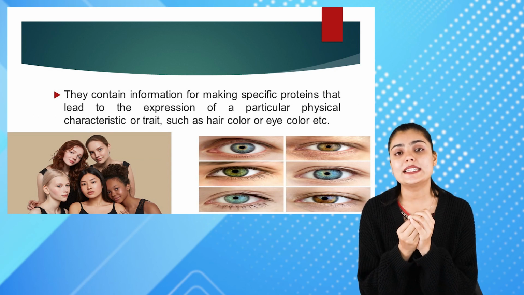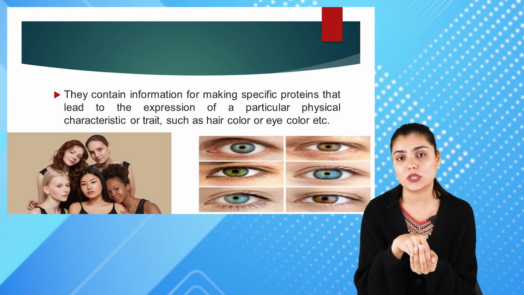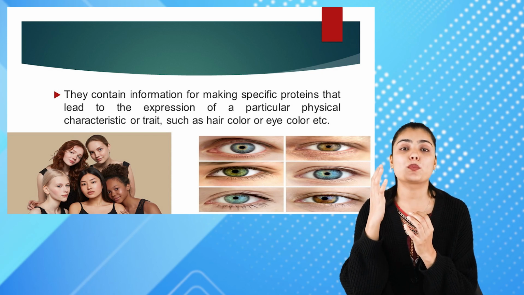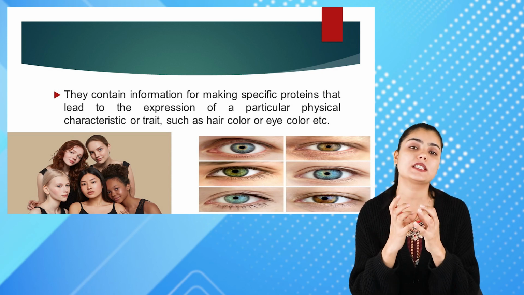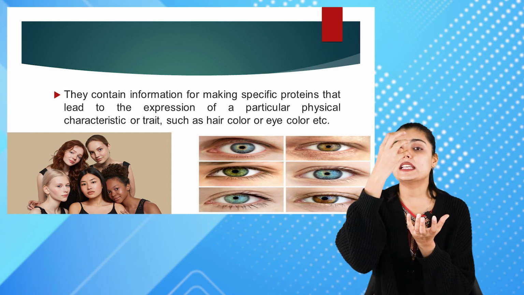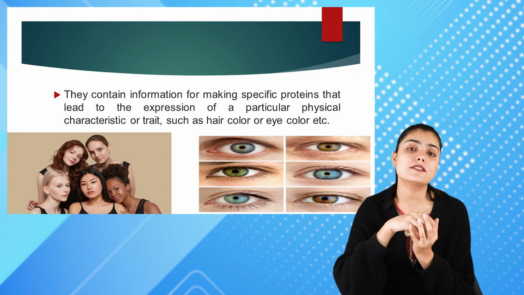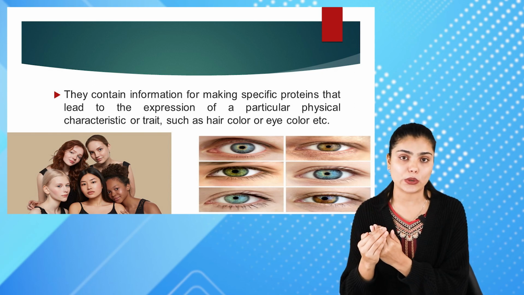A gene will contain the information about a specific protein that leads to expression of a particular physical characteristic in an individual. So as I said, a gene is the inheritable trait and it is located inside the chromosome in a specific location and they are arranged in a sequence, right?